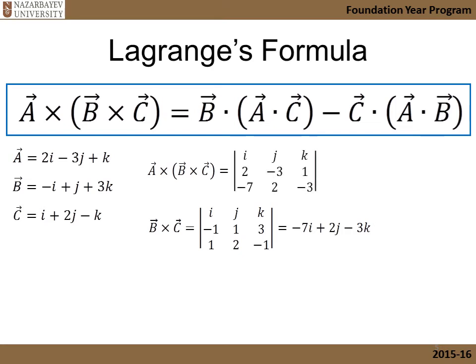And if we want to organize our final determinant, we have the coordinates of the vector a, which are 2, minus 3, 1, and the coordinates of the vector obtained using the cross product of b and c, which are minus 7, 2 and minus 3, and the result will be 7i minus j minus 17k.